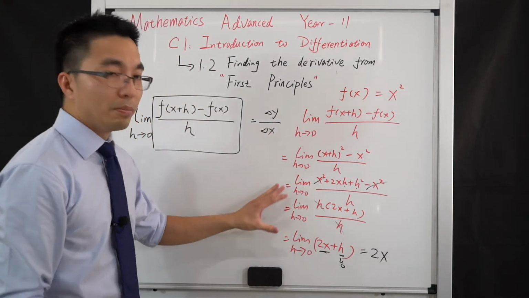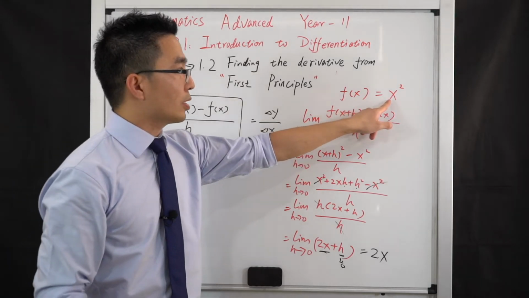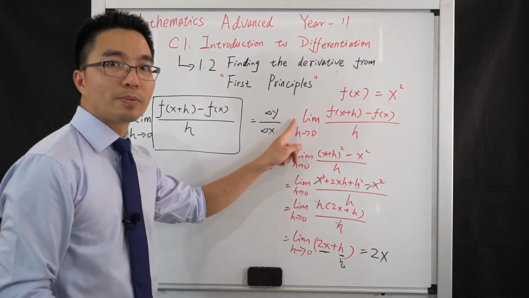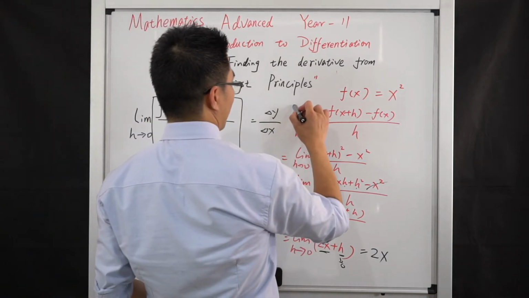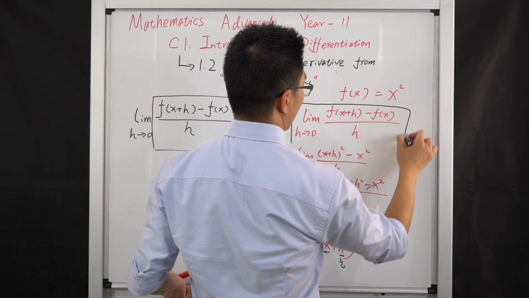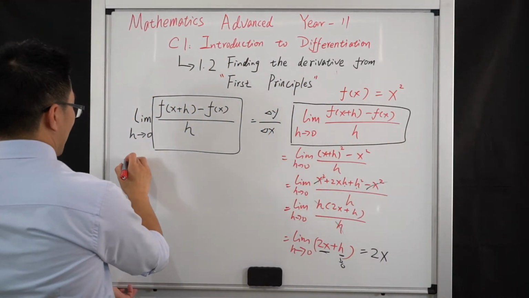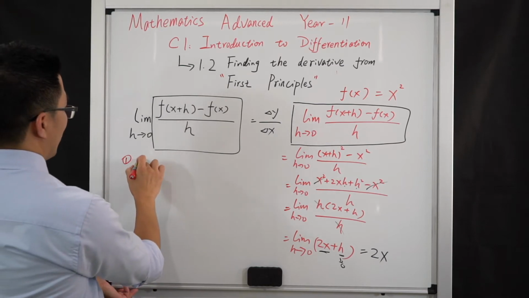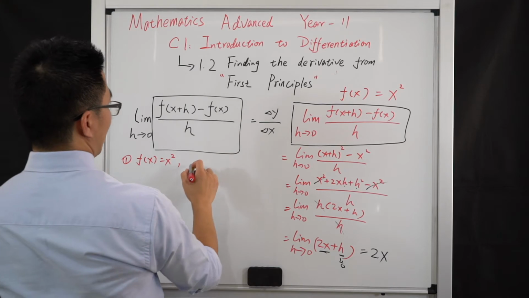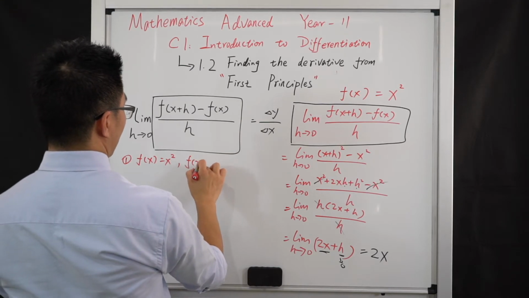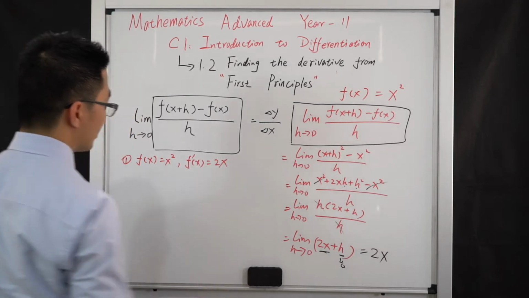These several steps mean finding the derivative of the function f(x) equal to x squared from the first principle, using this limit. From the first example, when f(x) equals x squared, then we have f'(x) equal to 2x.